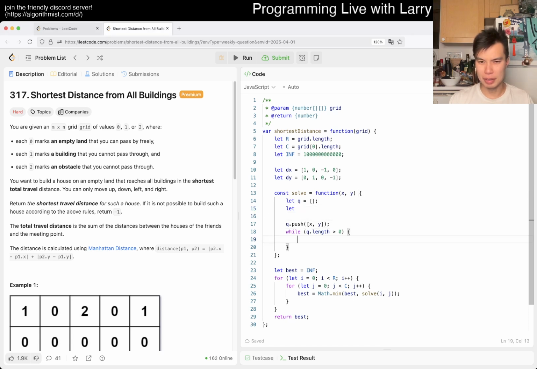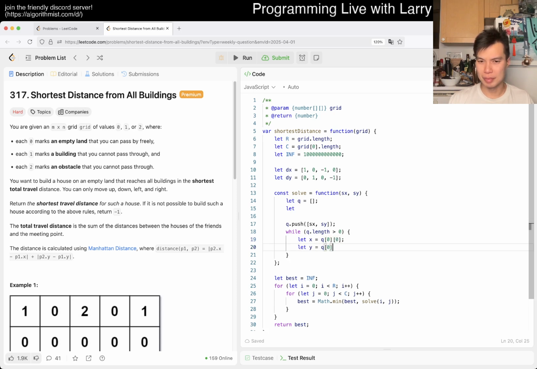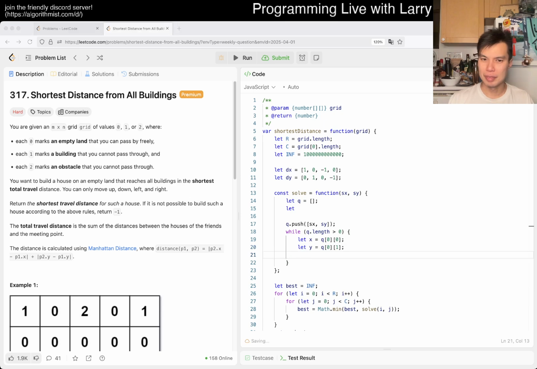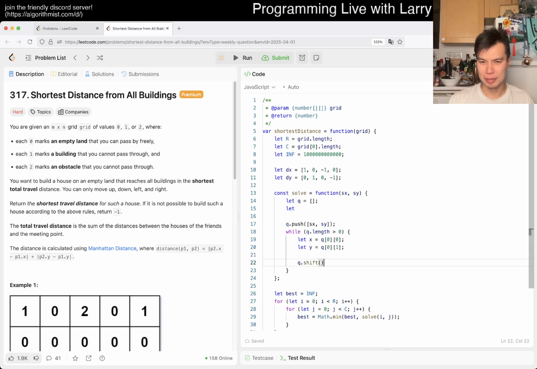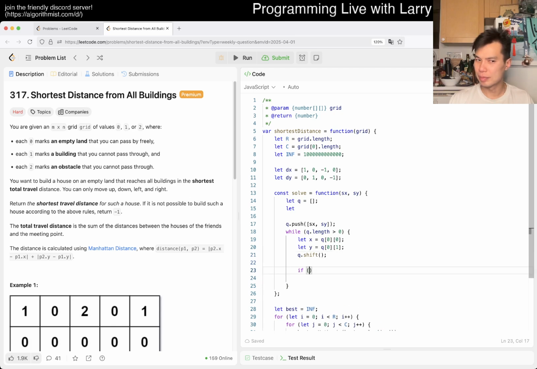Oh yeah, let's go to SX, SY for the starting X, starting Y. Oh yeah, shift is what I was thinking. Oh yeah, maybe that's what I want.